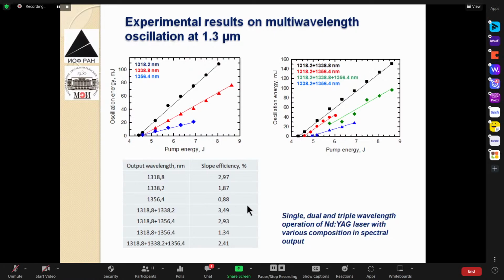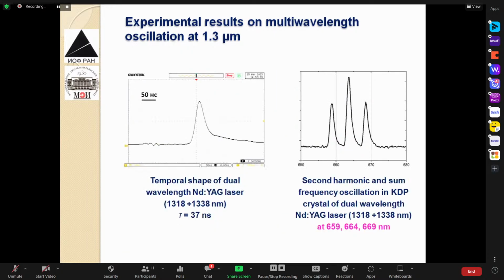This is slope efficiency, and the efficiency of the triple wavelength oscillation. This is the green line. It was about 2.4%. We checked the temporal shape of our dual wavelength laser. It was about 37%, and similar temporal shapes for the three wavelengths operation laser.